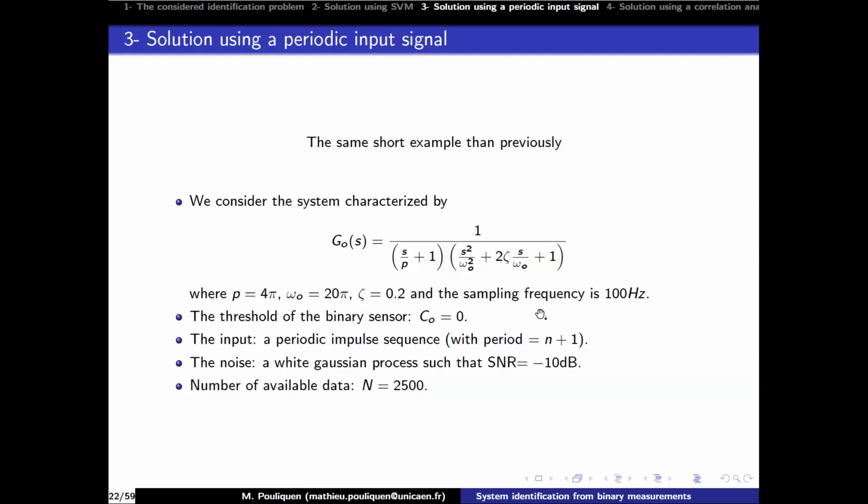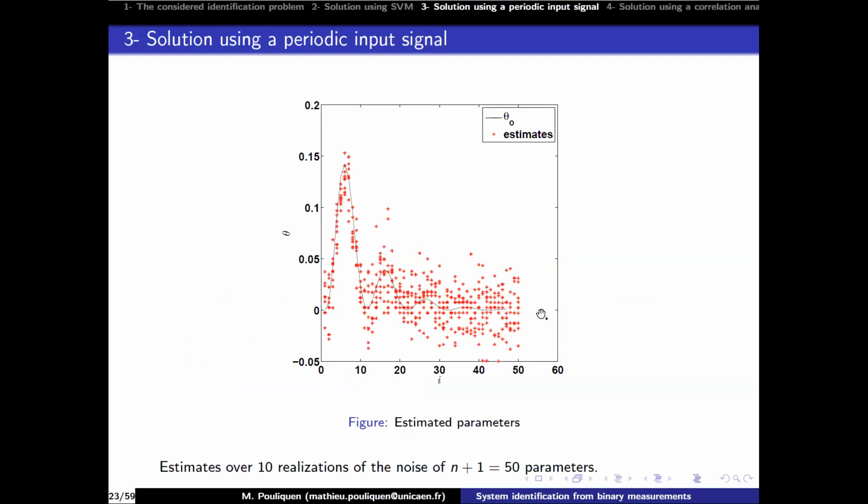Here we obtain this result, with high variance. If you want to reduce the variance, you have to have more data. We can see that the bias seems low, but the variance here is important.